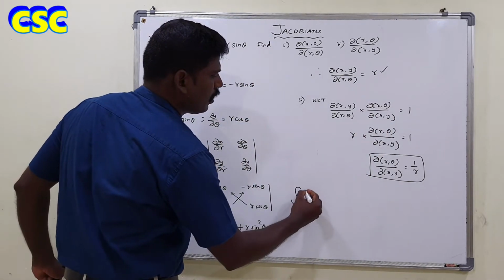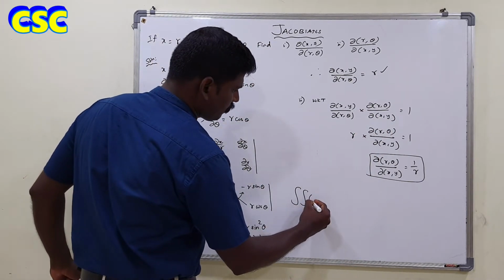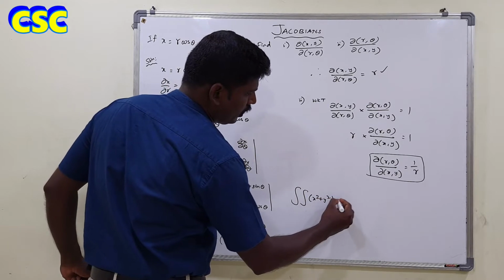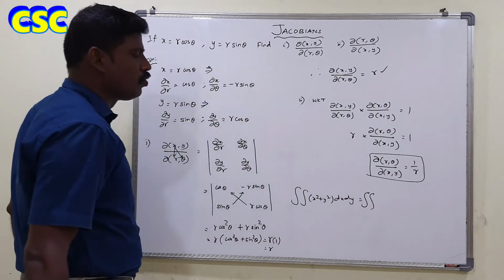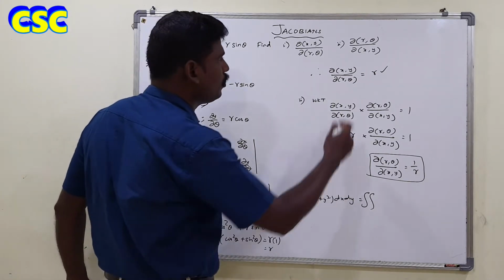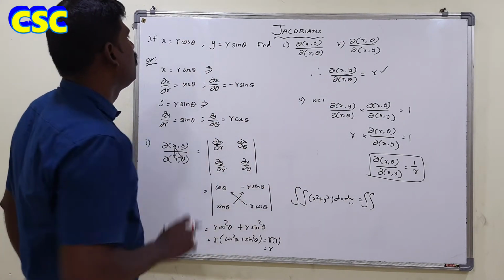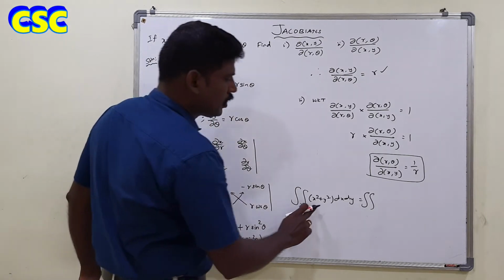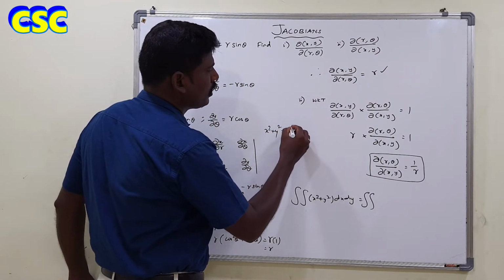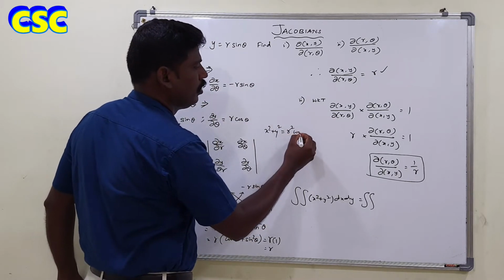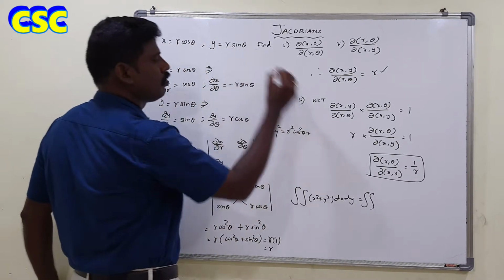Where do we use this concept? For example, consider this double integral of x square plus y square into dx dy. So this is in Cartesian coordinates. Suppose you want to convert it into polar coordinates, we replace x by r cos theta and y by r sin theta. So x square plus y square is equal to r square cos square theta plus r square sin square theta.